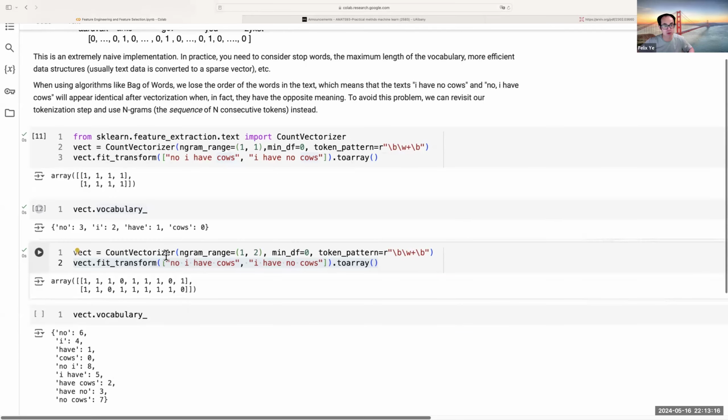Think about this way: we are thinking about pairs. So here we will have "no I", and "I have" is one, "have cows" is another one, and "I have no", and "no cows".